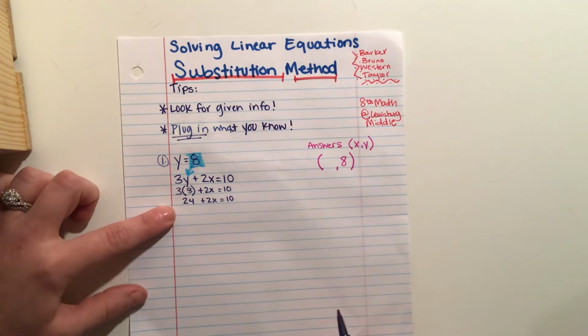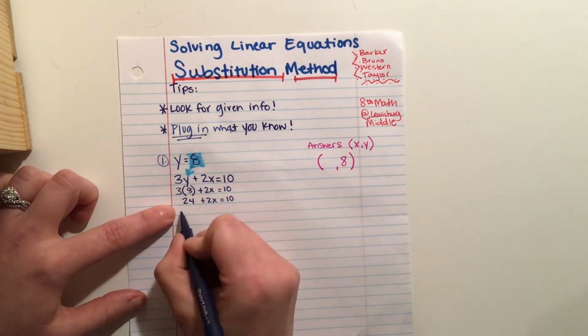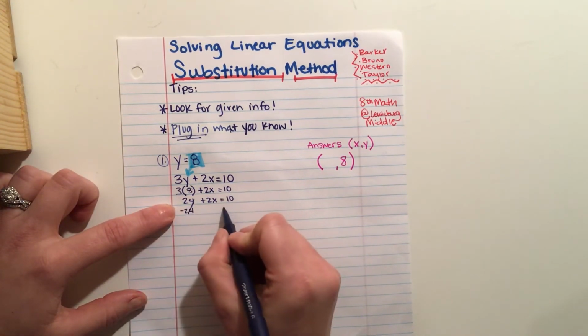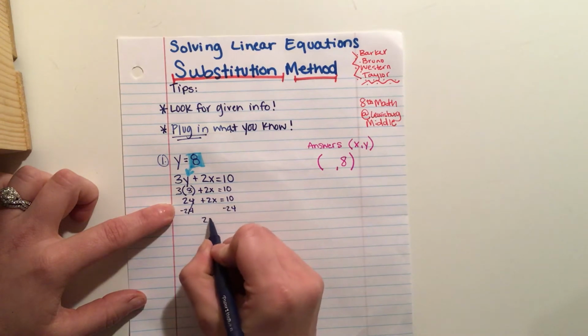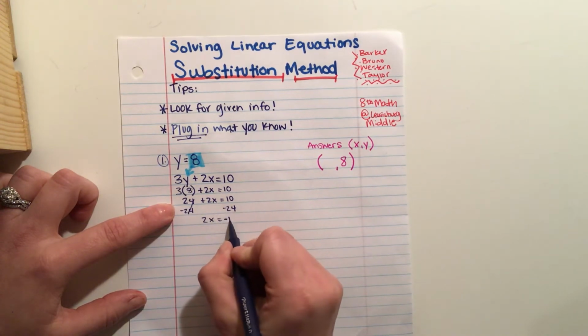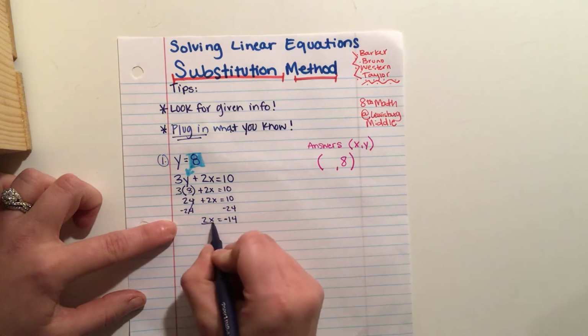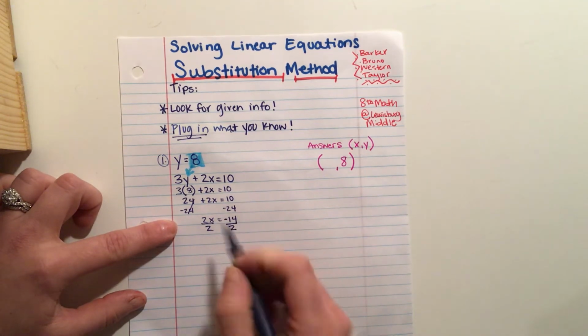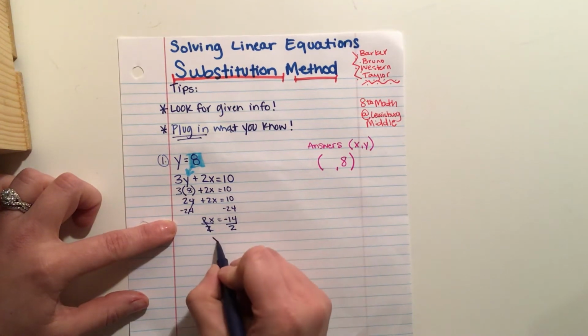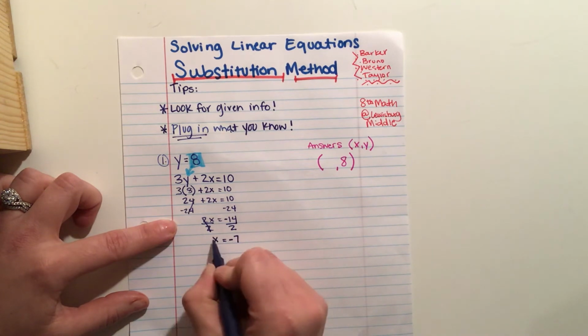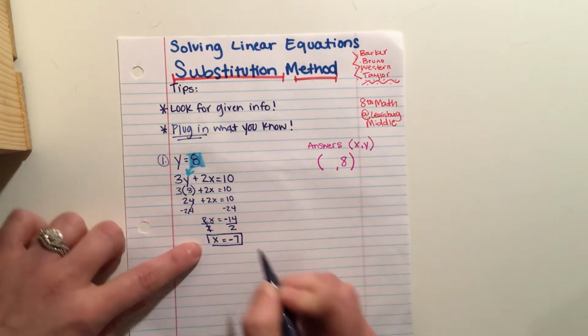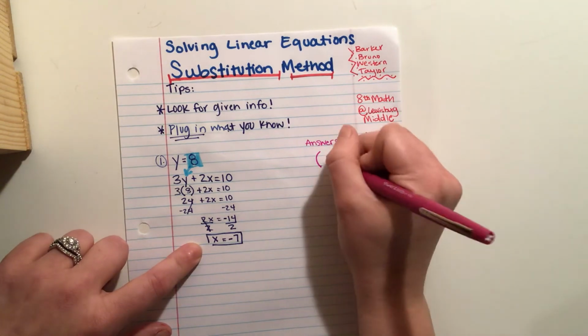Now let's just solve for our variable x. Subtract 24 on both sides. 2x equals negative 14. Divide by 2. And you now know that x equals negative 7. So you have the second part of your answer, negative 7.